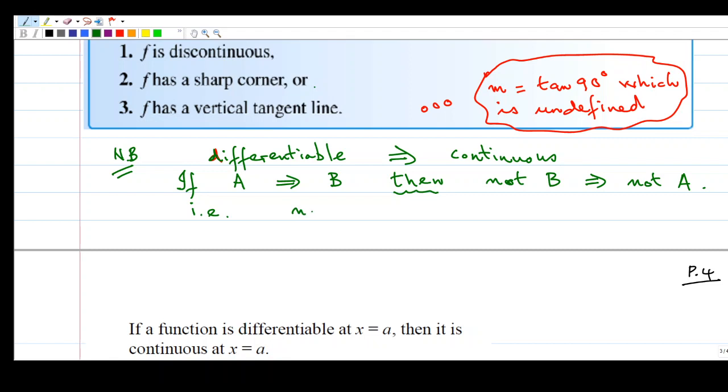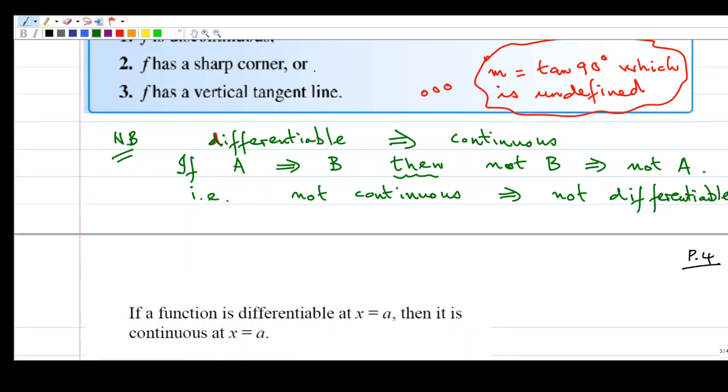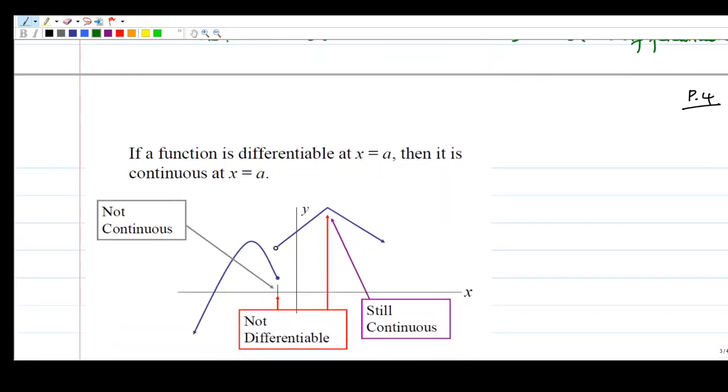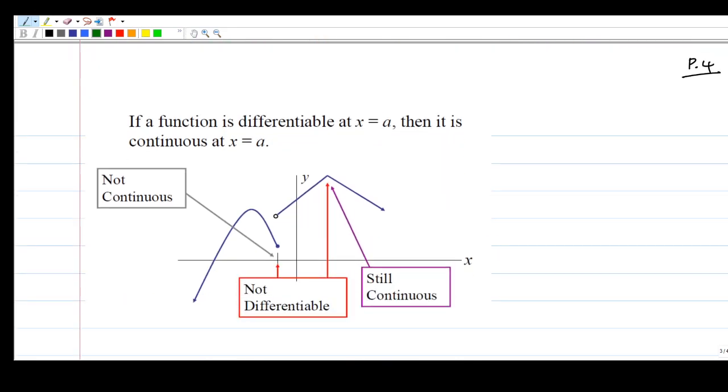So that is, if you look at above, differentiable implies continuous. So not continuous implies not differentiable. Right? So if we continue now to page 4, right?